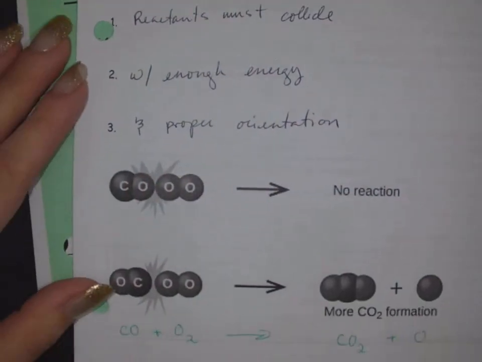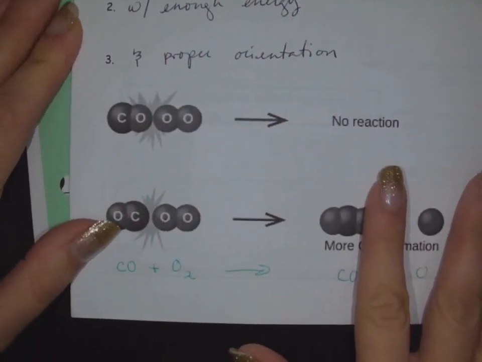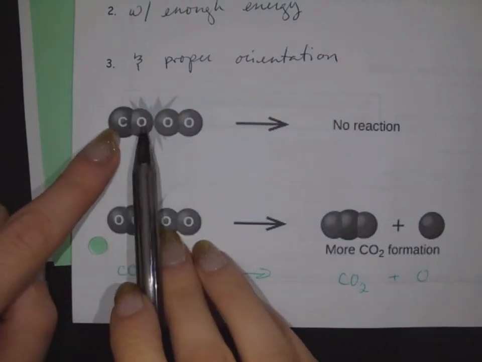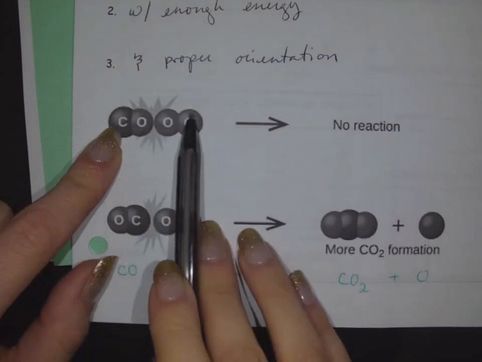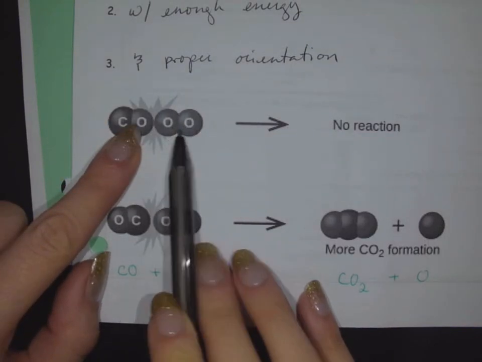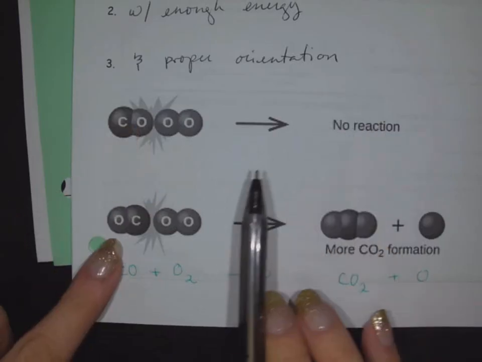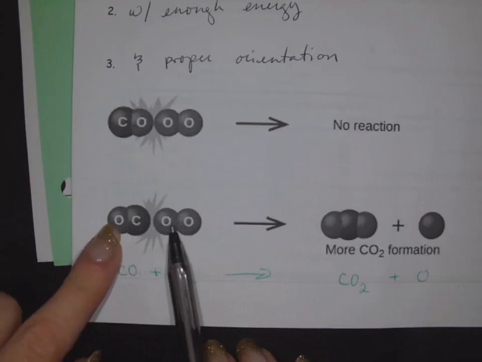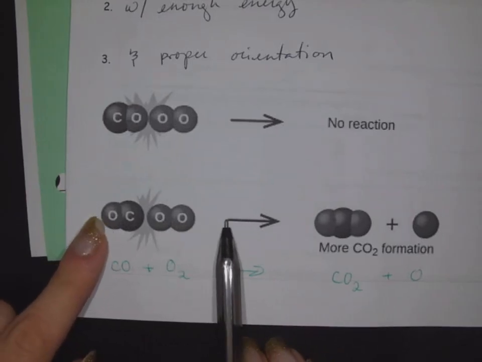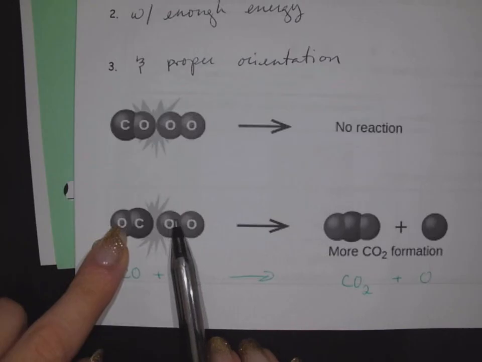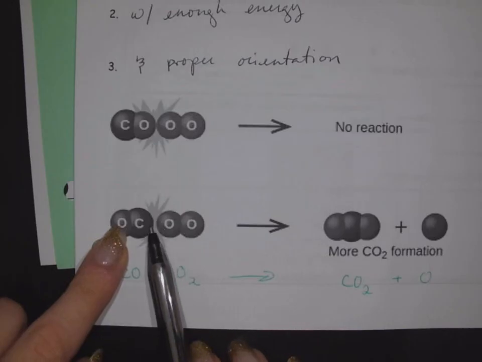And that's what we see down here. This is a visual representation of having proper orientation in order for a chemical reaction to happen. Here was our carbon monoxide and here's our O2. If they collide with this orientation, no reaction. But if we flip that carbon monoxide around, and the two molecules run into each other with this orientation, that's what allows this oxygen to chemically bond to that carbon.